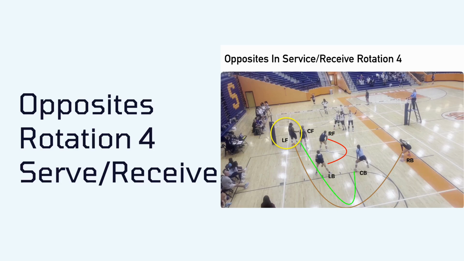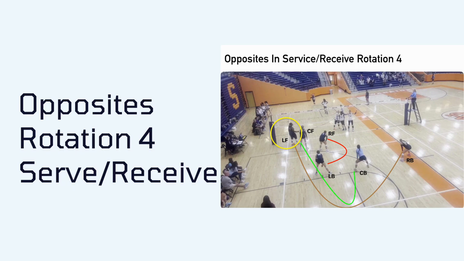Rotation 4, serve receive for our particular team in question. Now we know that our right back was just our previous server. Obviously, she has to be a back row player. She just happens to be the opposite of our setter. We know that our center back or middle back is our libero. Obviously, she has to be a back row player.